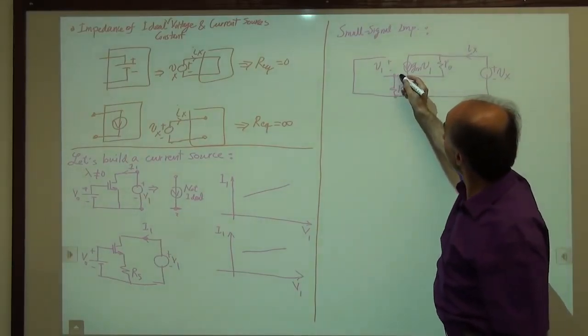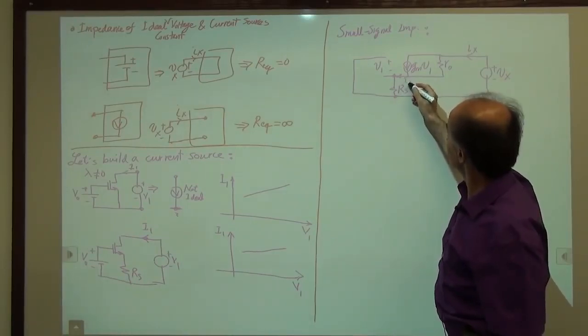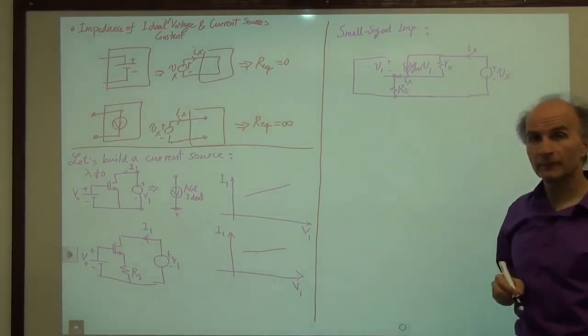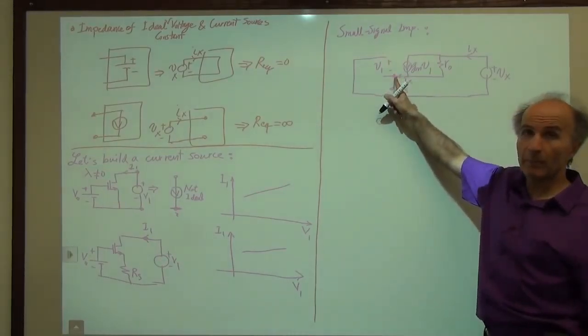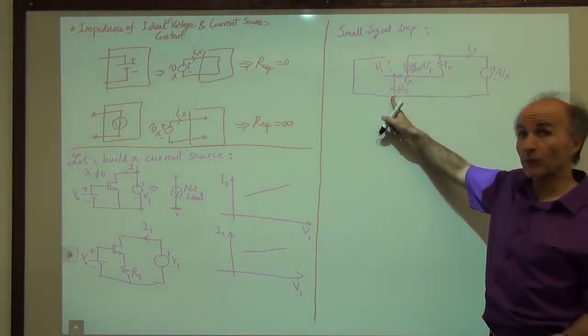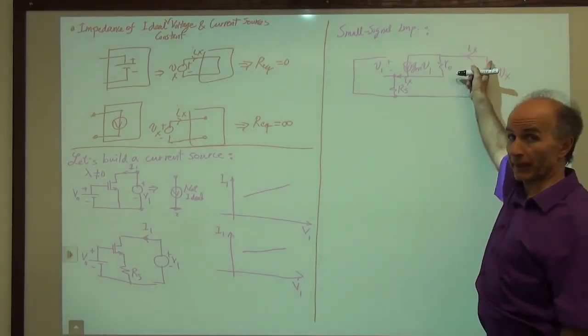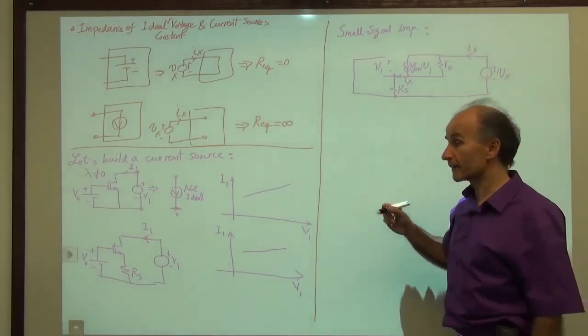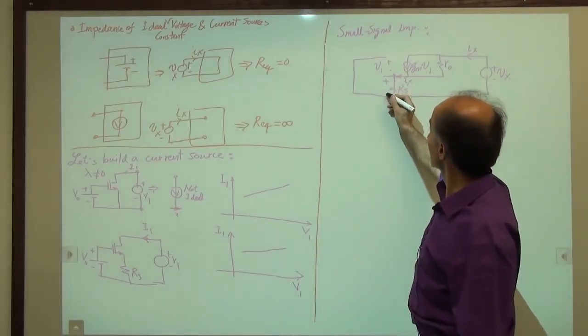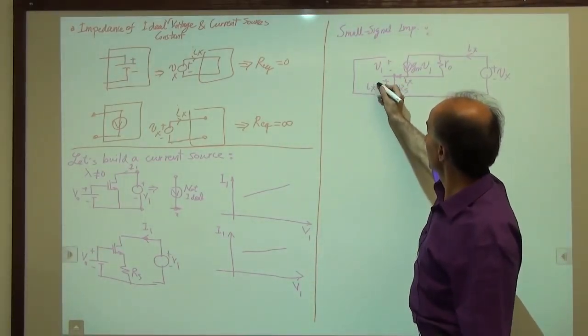So here we also have Ix, and Ix comes through this wire. It has nowhere else to go but RS. So the current through RS is equal to Ix. The voltage drop across RS is equal to Ix times RS.